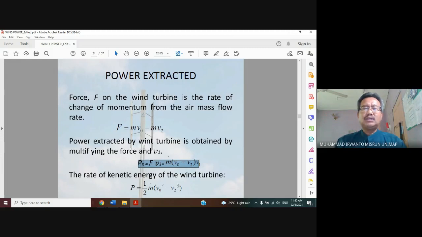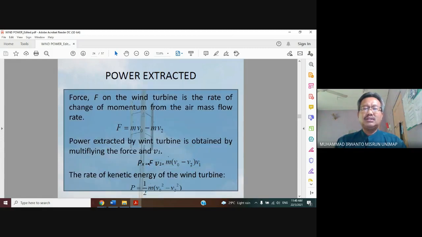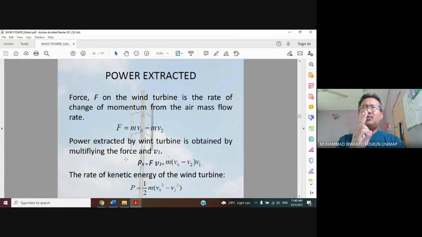Okay, so from here we have two types of power. The first is the power extracted on the wind turbine, and the second is the movement's kinetic energy power.